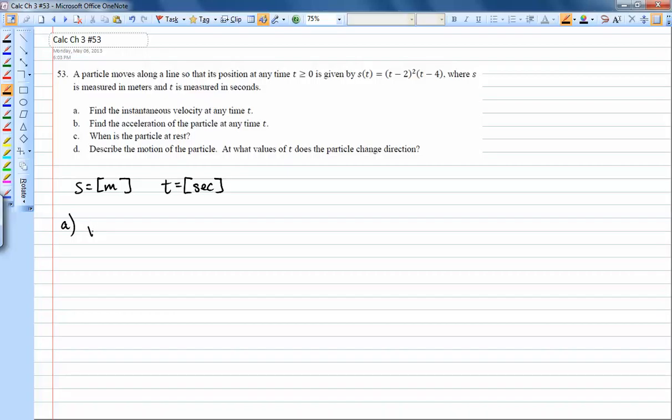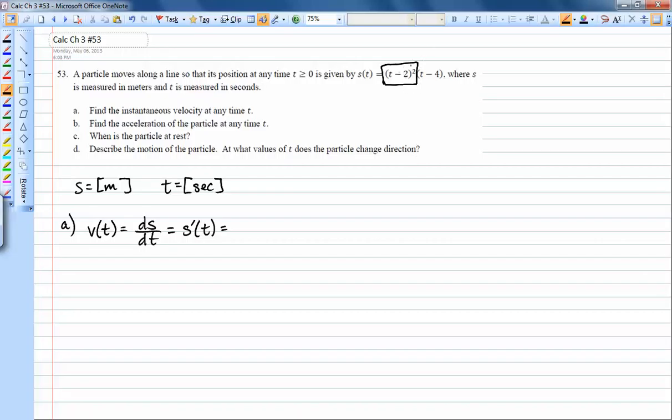Since we have the position function, we know the velocity function is really just the derivative of the position. So the derivative of s, you can also write it as s prime of t if you wanted. Before you take the derivative, we haven't actually learned how to take the derivative of an entire function raised to a power, rather than just a variable.